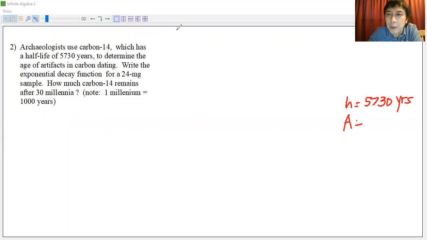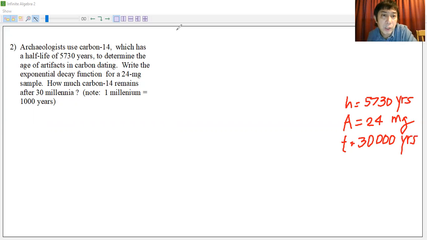That goes to our A. How much carbon-14 remains after 30 millennia? So that's time. This is equivalent to 30,000 years. So this time we're dealing with years.